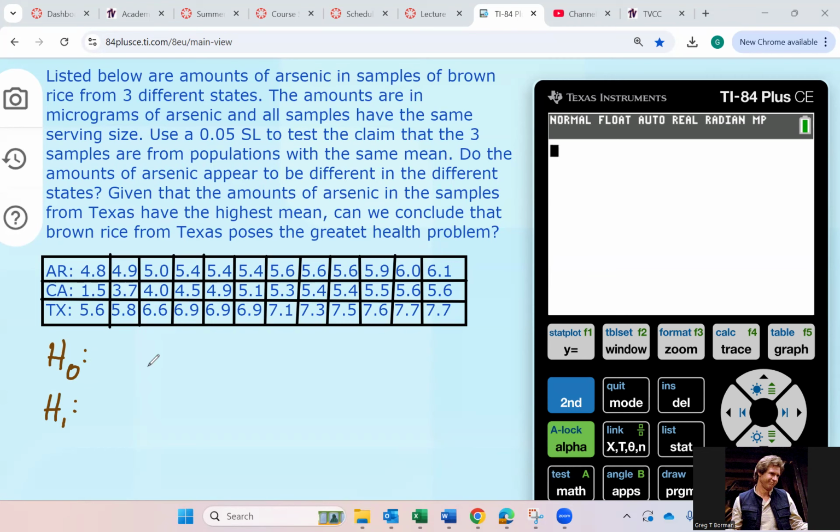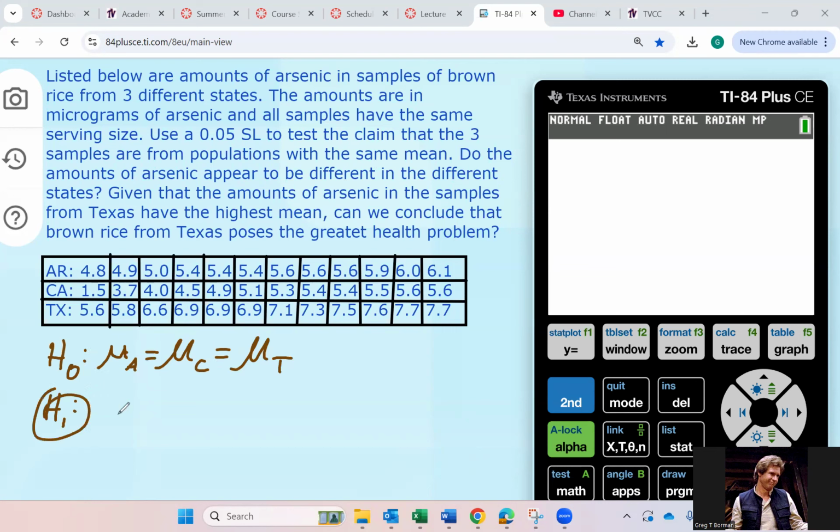ANOVA is for when you are testing three or more means, if they are all the same. So we are saying that the mean for Arkansas equals the mean for California equals the mean for Texas. So the null hypothesis for ANOVA is always going to be that the means are all the same.